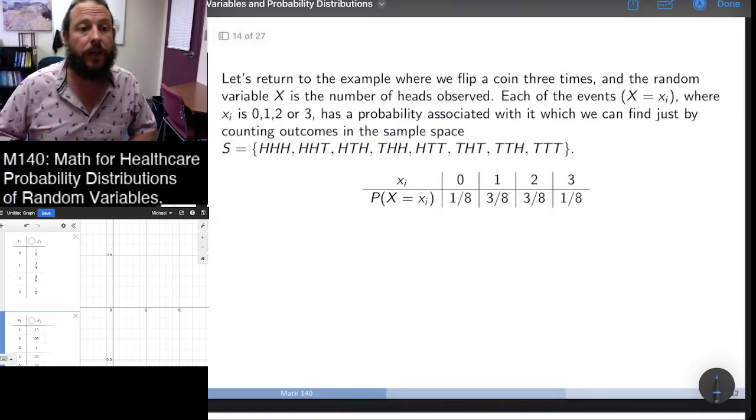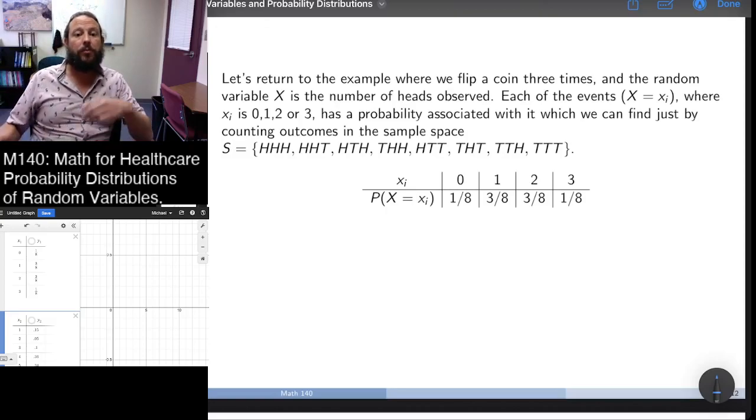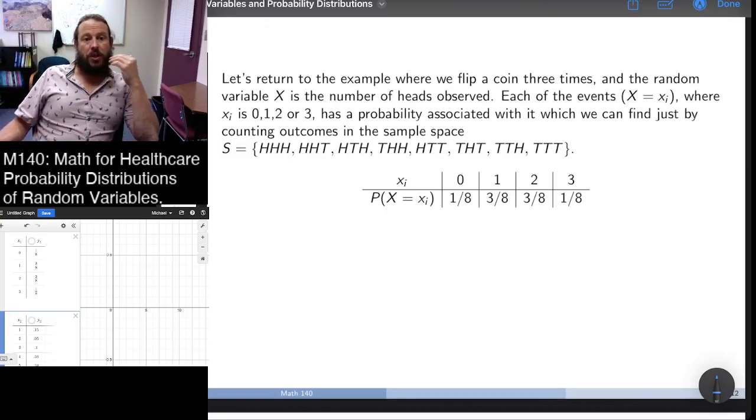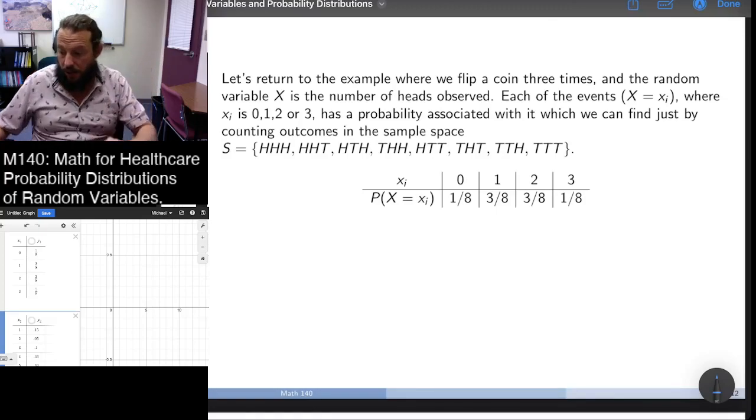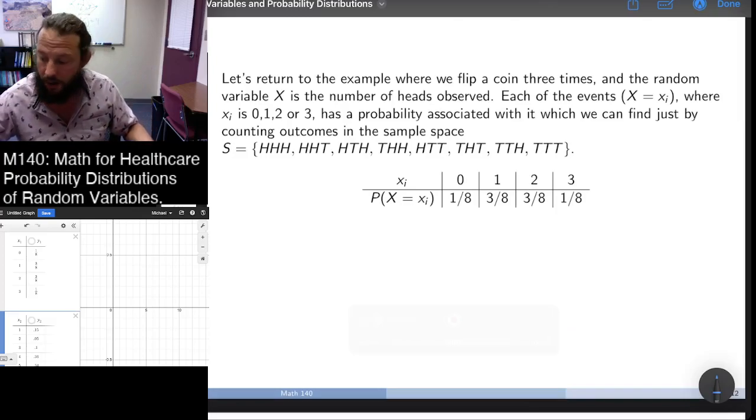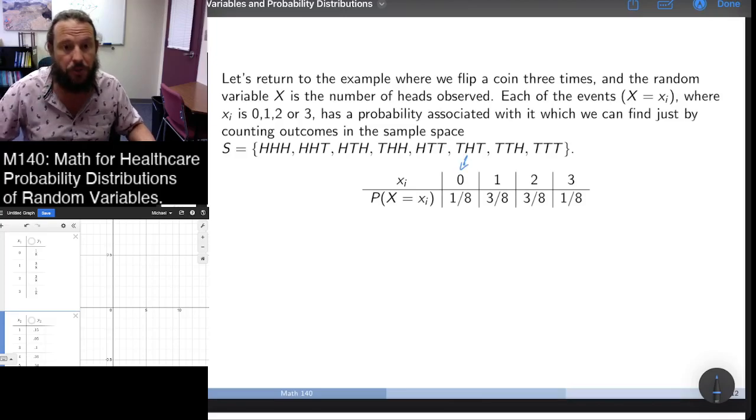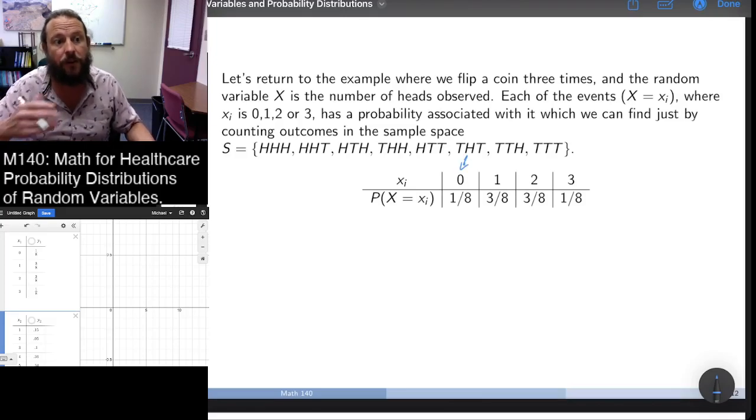Now, for our example, where we flip a coin 3 times, we already discussed the range is going to be 0, 1, 2, or 3. In other words, x1 equals 0, x2 equals 1, x3 equals 2, x4 equals 3. And now you don't have to write all those out. We simply write the values that it takes on. Remember, that was the range. All the numbers in the range of our random variable x go on the top.